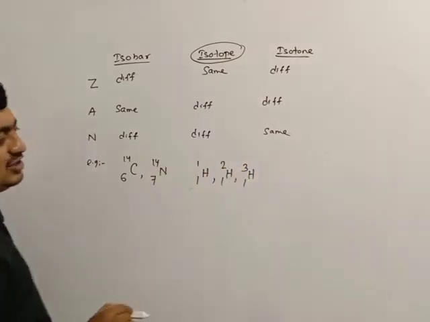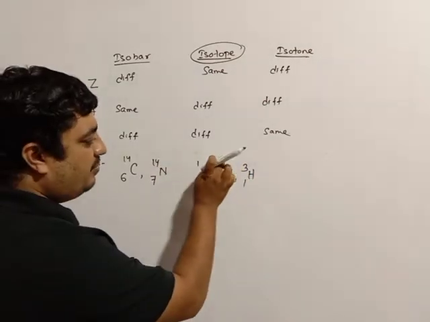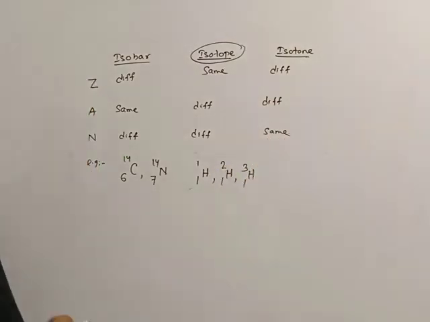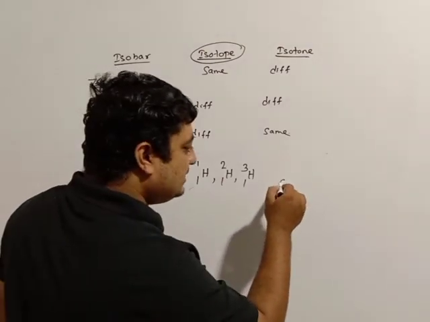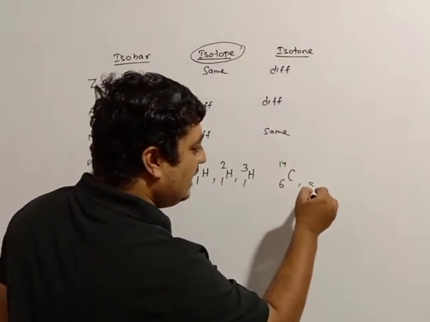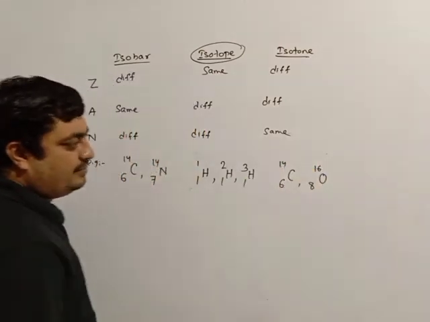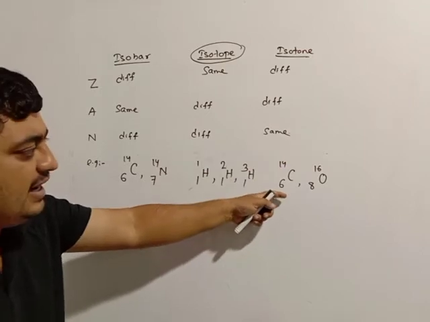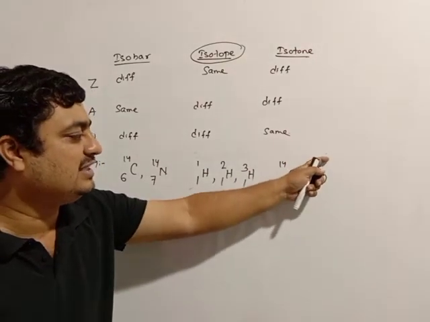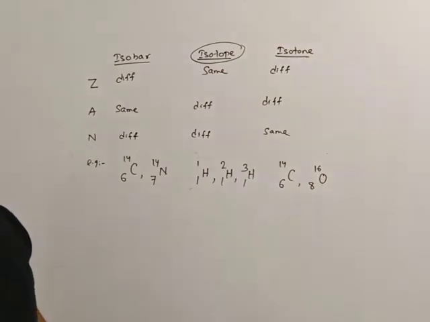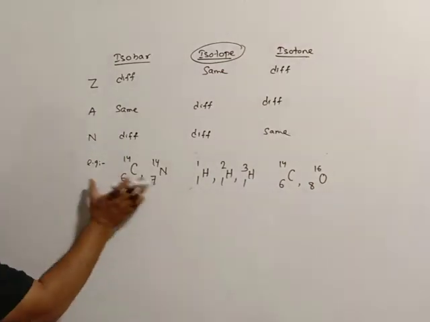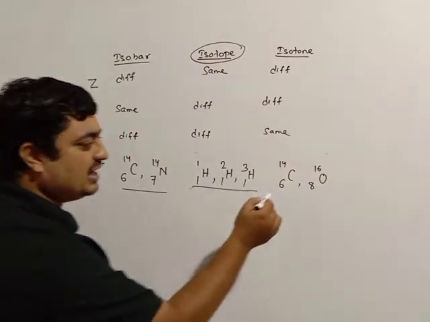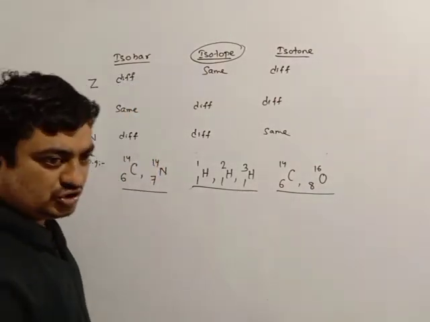All three are isotopes because Z is the same but A is different. Now we'll go for isotones. 6C14 and 8O16. Here the number of neutrons is 14 minus 6 equal to 8. Here also the number of neutrons is 16 minus 8, equal to 8. So these two are isobars, these three are isotopes and these two are isotones.